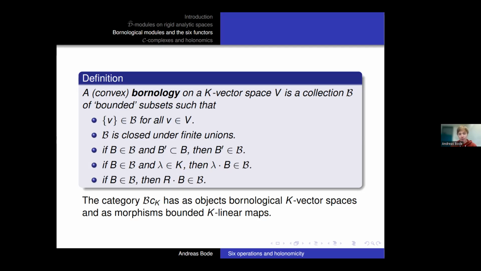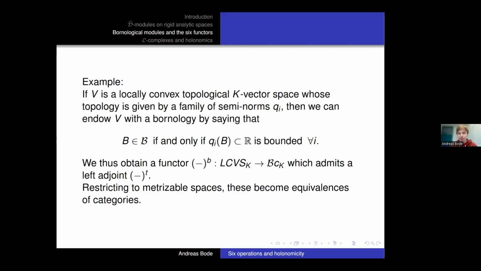The category I'm working with here are just bornological vector spaces. So the morphisms are K-linear maps which send bounded subsets to bounded subsets. So R is your complete valuation ring, and K is the field of fractions. That's correct. Yeah.